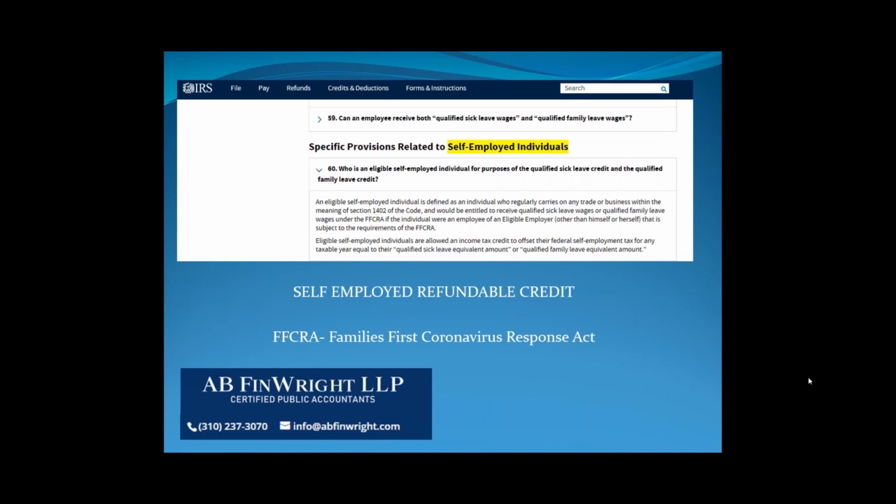Can I add to that? Yeah, go ahead. What you're saying, Abraham, is correct about the sick leave and the family leave itself. There is additional language in the statute, which I'm just going to pull up to get a precise answer for you. It says allow no credit for this section, that's the self-employed, unless the individual maintains documentation to establish.